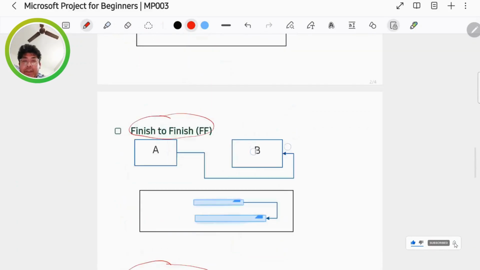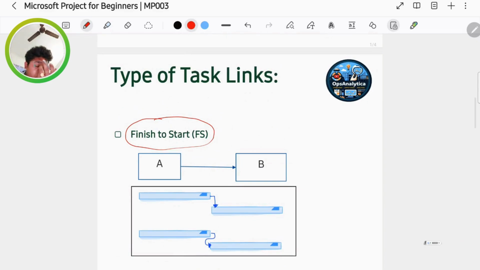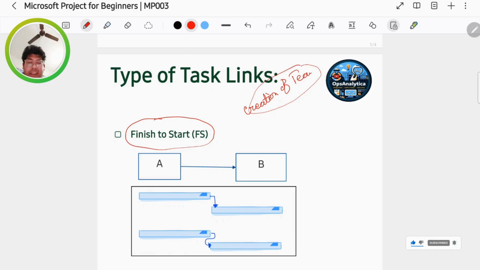So what is the meaning of it? We will understand it one by one. Suppose let's take an example of the creation of tea. Whenever we are planning to create tea, what tasks will we have? First, we have to take a pot. Second, we have to boil the water.